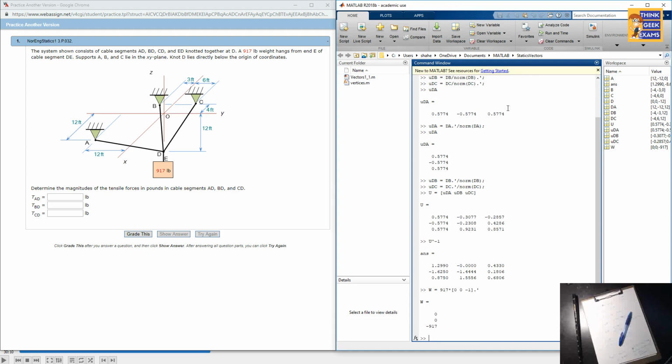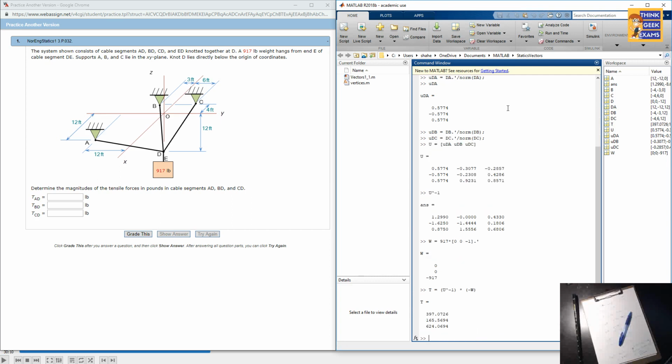And so T equals U to the power minus 1 times, let's put this thing in a parenthesis, times minus W. The minus W is the resulting force of all the three forces, and that should give me the right answer.